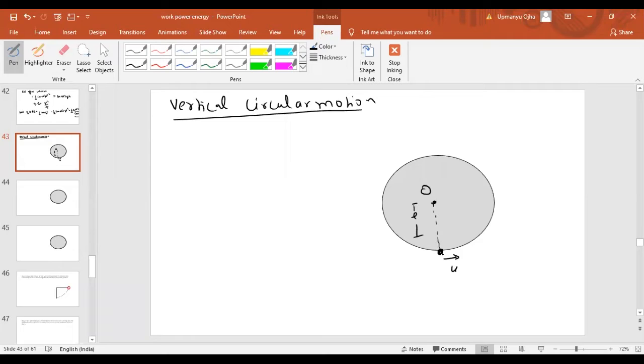This mass will try to complete the vertical circular motion. Now we have to find how much velocity we should give so that it can complete the vertical circular motion.